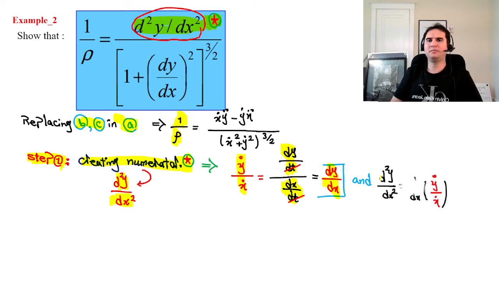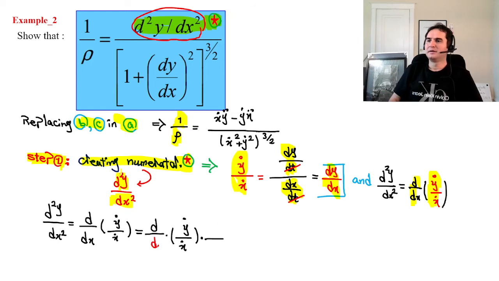And at the same time, d squared y over dx squared is just d over dx of the same term from here. You can replace it like d over dx of y dot over x dot, which we already calculated.